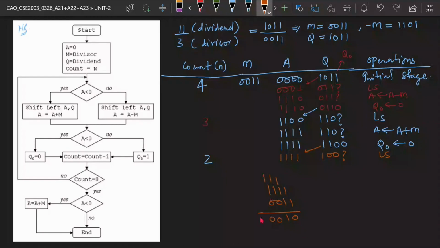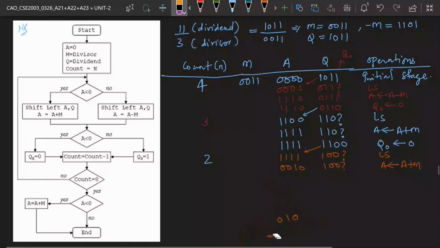So the A content will be 0, 0, 1, 0, and the Q will remain the same. So this is A equals A plus M. Up to here we have done.